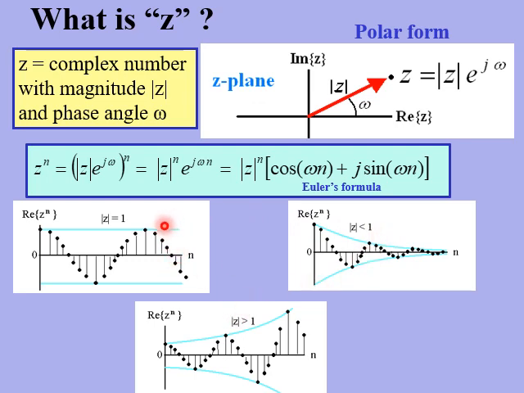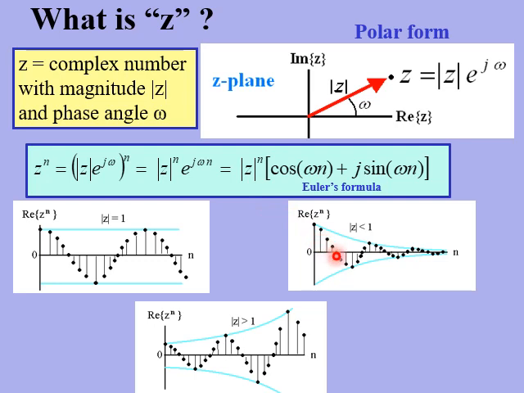So for the case where the magnitude of z is equal to 1, this is just a 1 out in the front here. So if we were to plot the real part of z, which is this cosine function here, we see that the real part of z then just becomes an oscillating function equal to the cosine of omega n. However, if the absolute value of z is less than 1, we have a shrinking envelope out in front of the cosine term here.